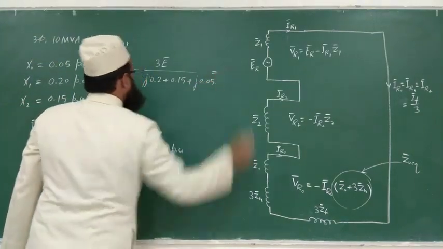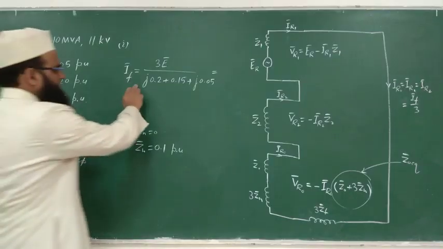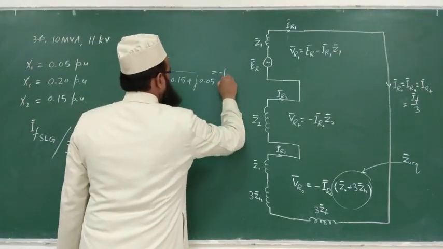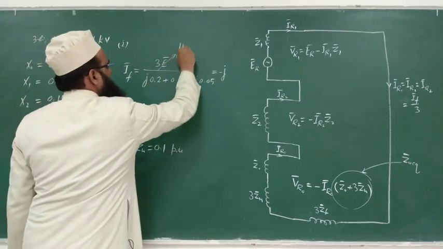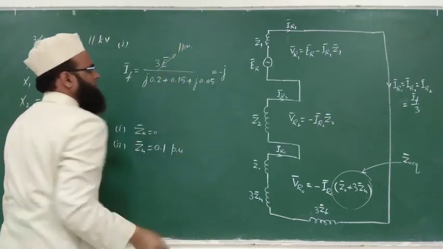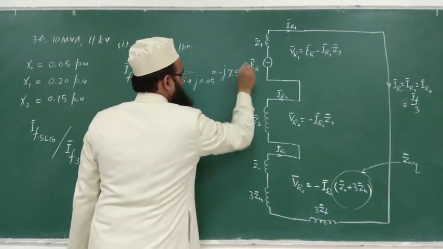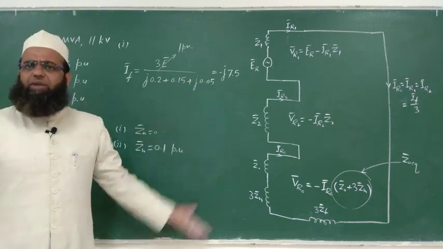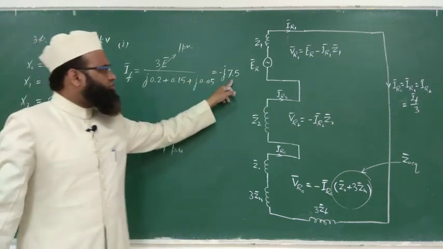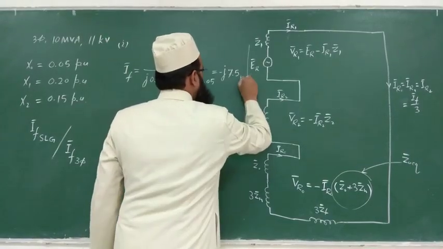Tell me the values. 1 upon j is minus j, since j square is minus 1. So taking j common, minus j, tell me the value. This will be 1 per unit, in per unit, what is it coming out to be? 7.5. The angle is minus 90 degrees, as minus j means minus 90 degrees. Just tell me the magnitude: 7.5 per unit, right?